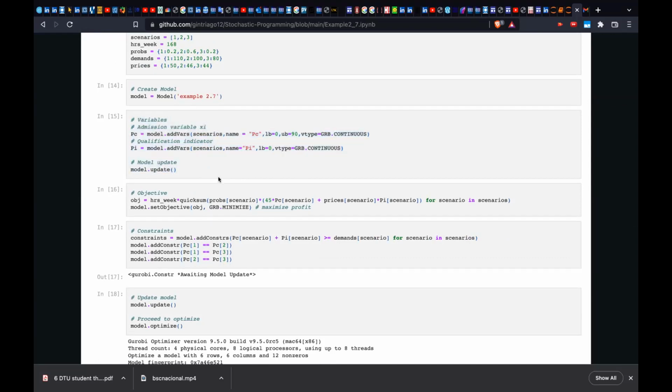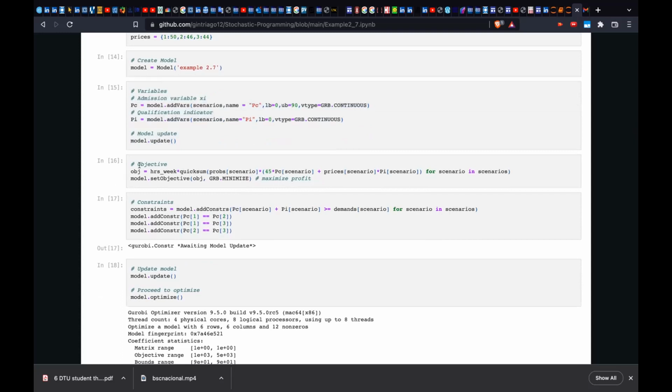So then we update the model and set the objective. The objective uses the number of hours per week, that's 168, and then I am doing a quick sum: the probability for each of the scenarios times the sum of the cost of PC for the corresponding scenario and the price of P for the corresponding scenario.